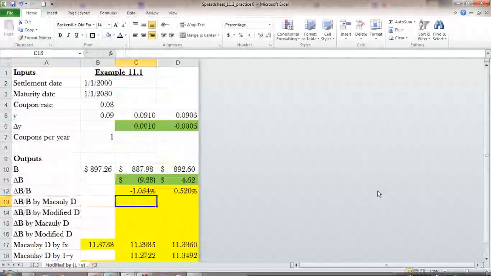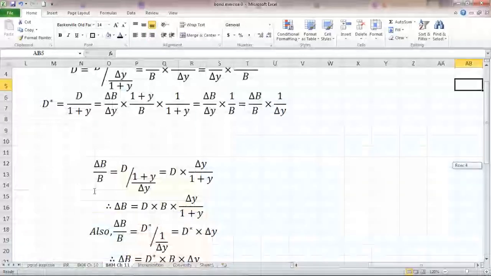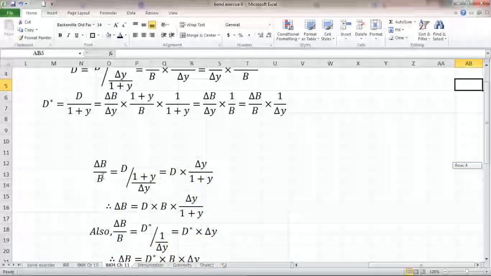Since we know duration, how do you find the percentage change in price? We already have it, but let's predict it. Let's find it by duration. It's duration times change in yield over 1 plus y.